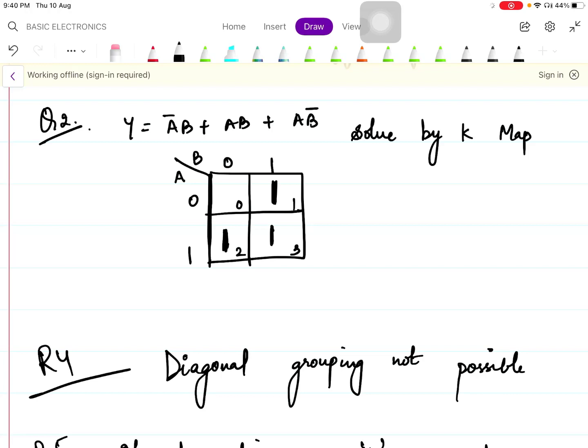Now let's apply the first rule. That means first of all we will search for the biggest group. Biggest group possible is 2 raised to the power 2 in a two variable KMap. 4. Do we get it? No. Then we will move on to the next level, 2 raised to the power 1. That is the group of 2. Is it possible? Yes. So either we can make this group first, that means some students will first make a group of 2 and 3, and there might be a possibility that some students might see 1 and 3 cells first of all.